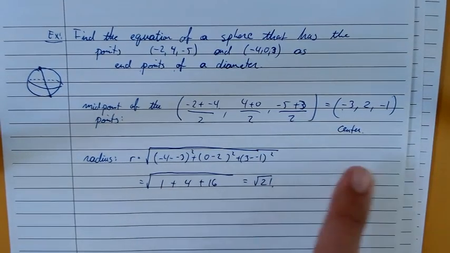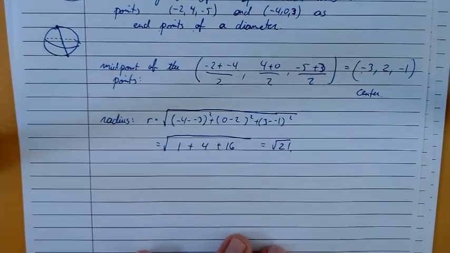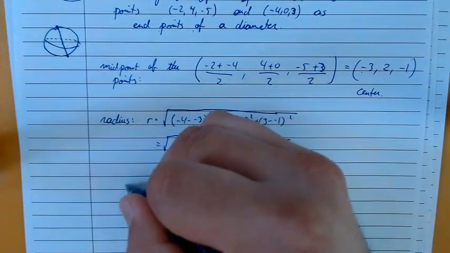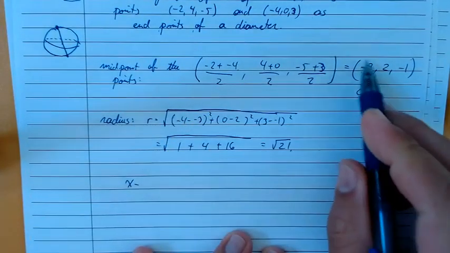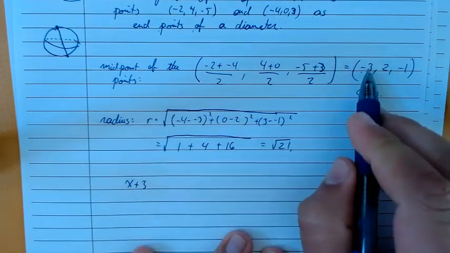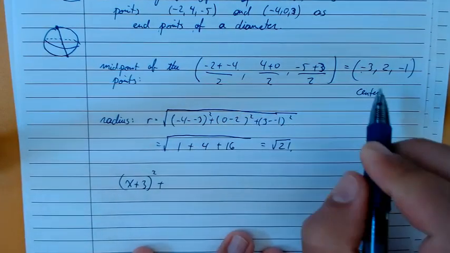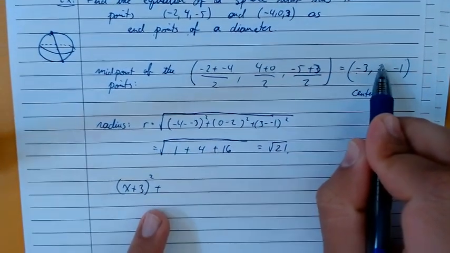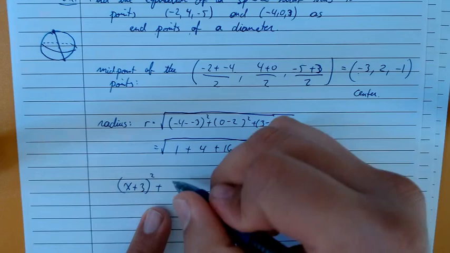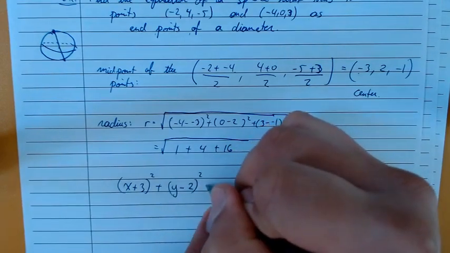So now we're just about done. We have our center, we have our radius. So now to put this in standard form, we're going to write x minus the x component of our center. Minus a minus would be plus, squared. Plus, here we're going to take y minus the second component, squared.